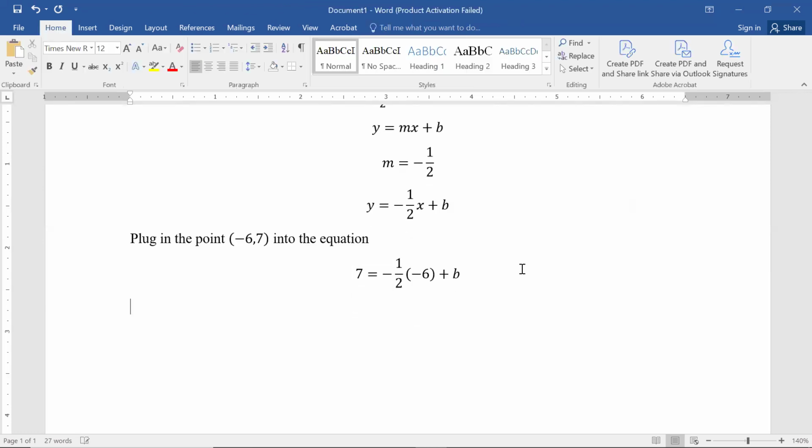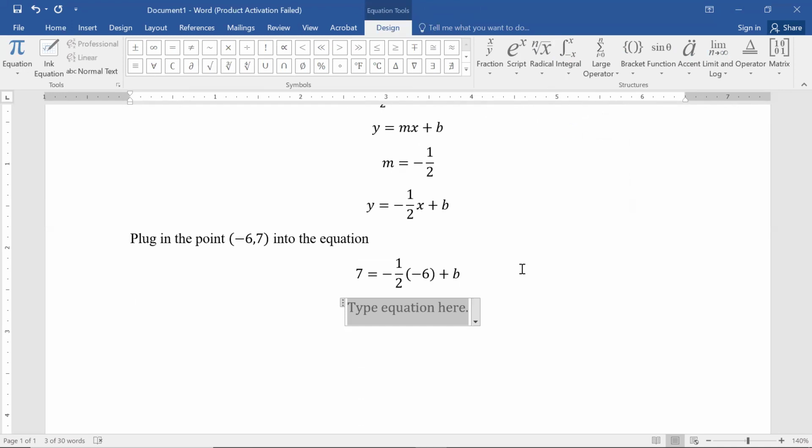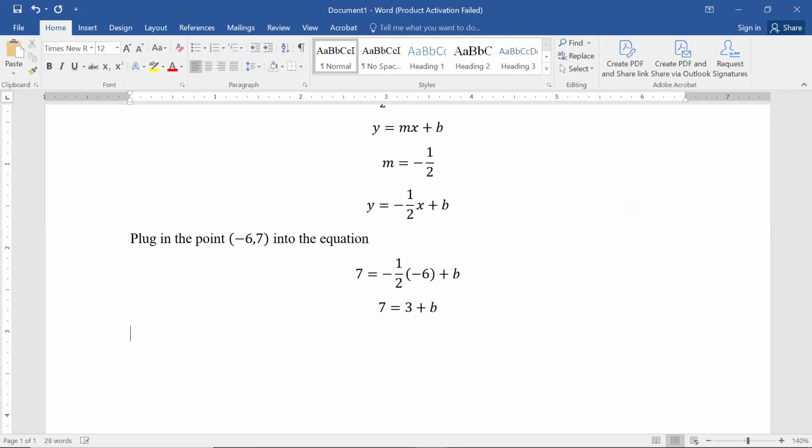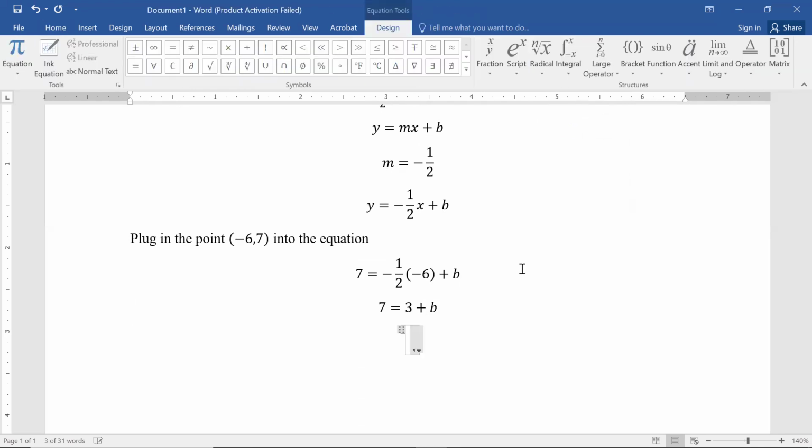And then once we've done that, we can simply solve this equation. 7 is equal to 3 plus b. When I subtract 3 from both sides, I get that b has to be 4.